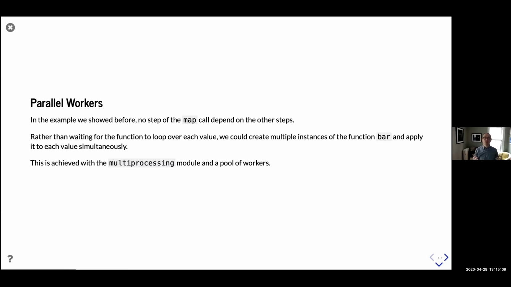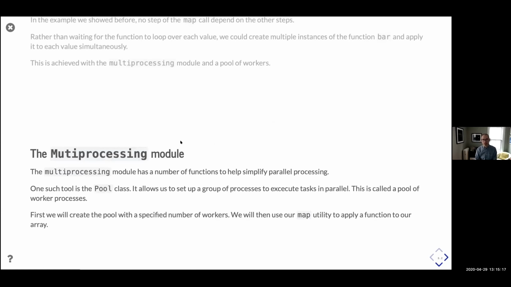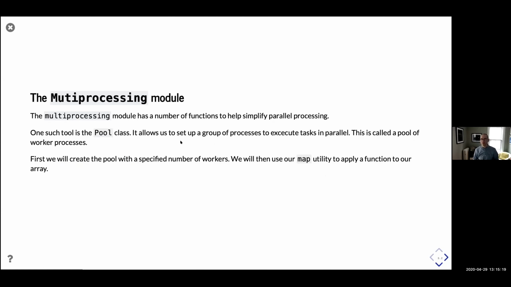In broad terms, this is what multiprocessing does when using a pool of workers. We're going to talk about that. Multiprocessing is a really large module. It has a number of different ways to do parallelism: it can use threads that share the same process, or it can use separate processes.